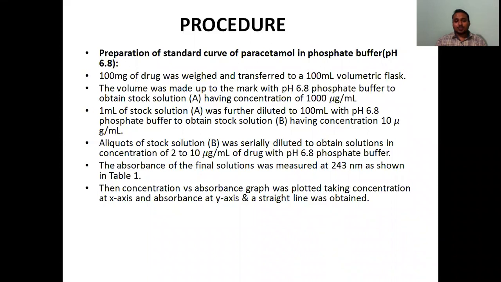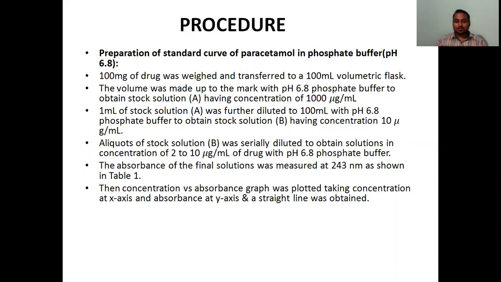Stock solution B was serially diluted to obtain solutions in the concentration range of 2 to 10 microgram per ml of the drug with pH 6.8 phosphate buffer. So we have to dilute the stock solution with the help of phosphate buffer 6.8.